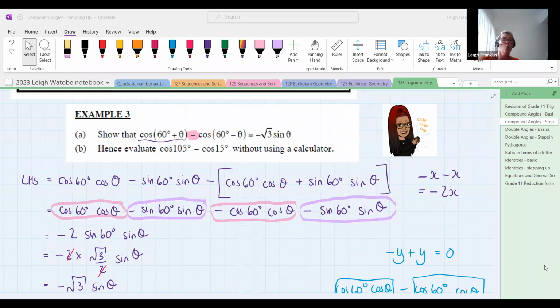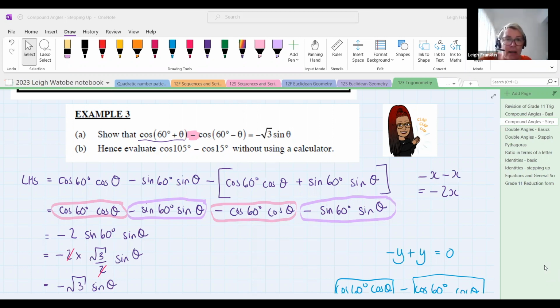Okay, so we're now going to go and have a look at cos 105 and cos 15. All right, and we're going to try and figure out what it is that they want us to do here without using a calculator.